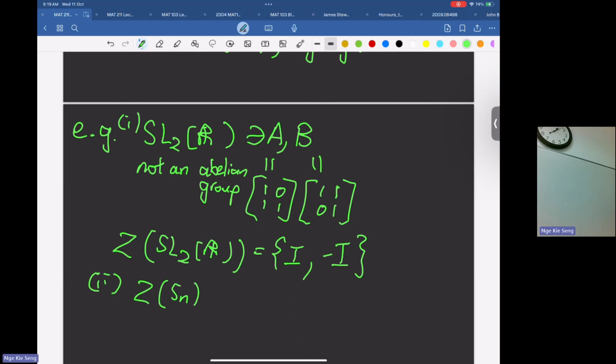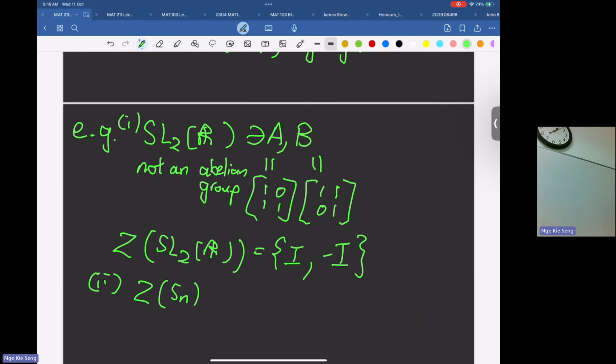When you compute, did you find anything that can commute or not? Disjoint, right? Disjoint sets. But this is only disjoint sets that can commute. If you take a random transposition, it doesn't commute with everything. Because in the center, you need to commute with every guy, not just things that are disjoint from you.